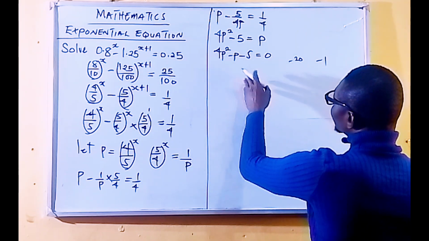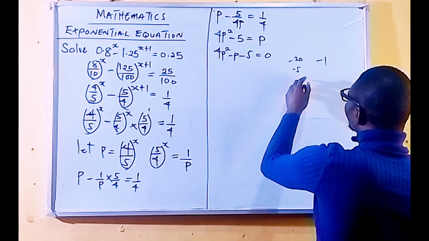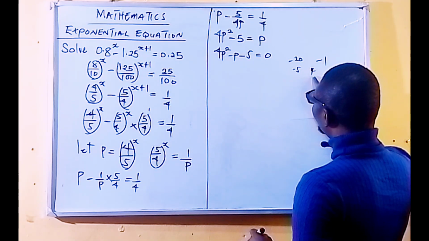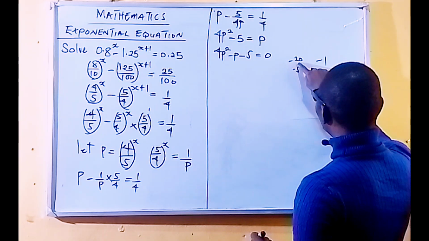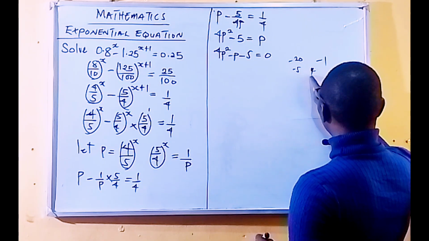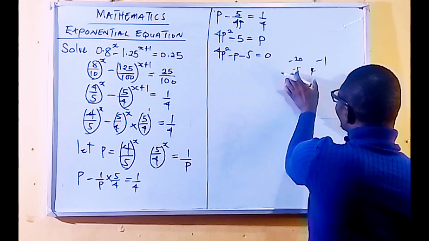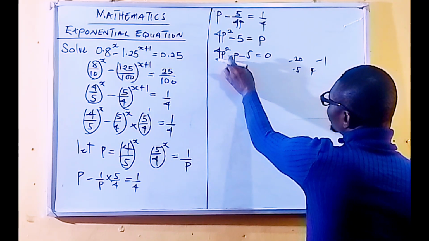The two numbers are minus 5 and 4, because minus 5 times 4 will give you minus 20, and minus 5 plus 4 will give you minus 1.